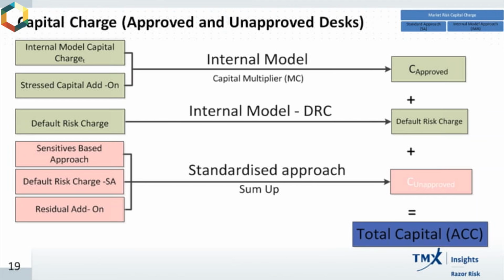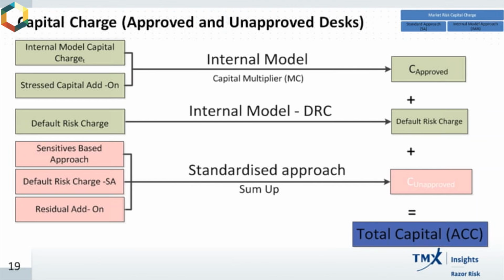And that is a similar mechanism as current VaR backtesting. So after that, the total capital, ACC, is the capital for approved desks plus capital for unapproved desks, which comes from SA, plus the standard risk charge. So this slide is the final capital charge.